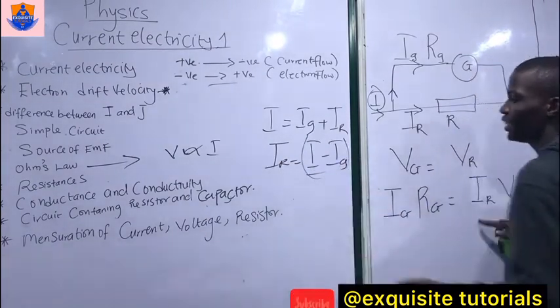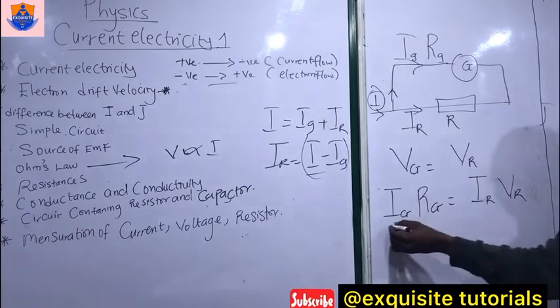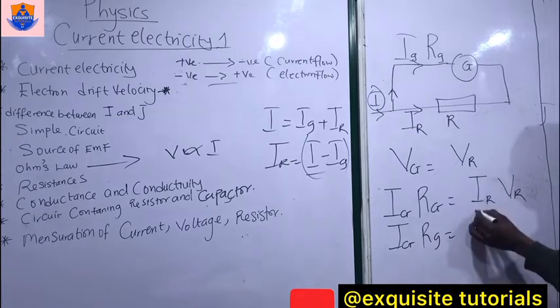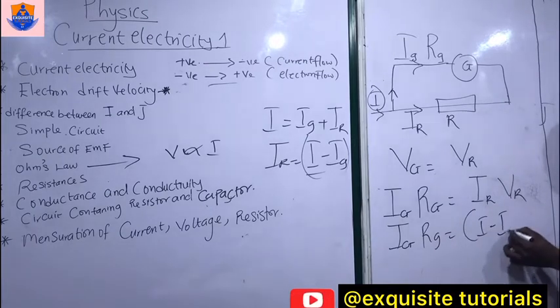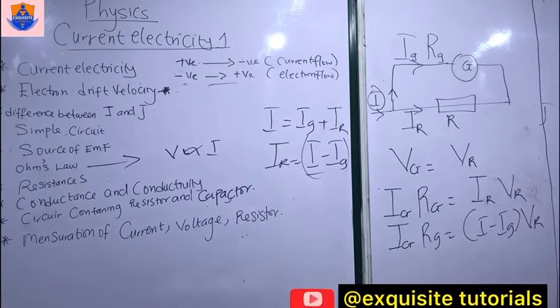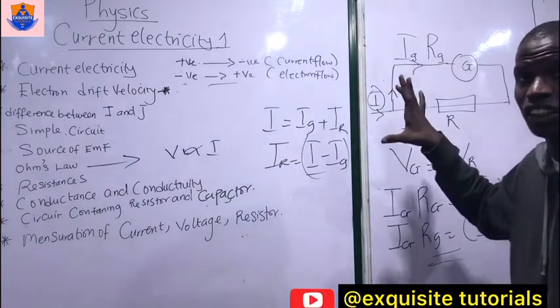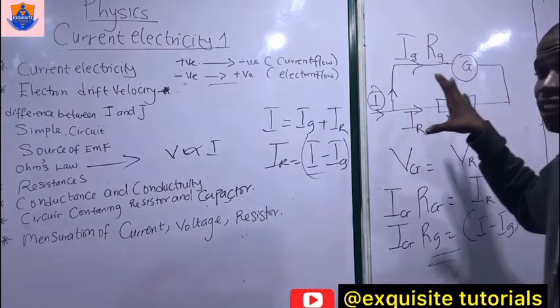If you apply this to this part, you will now have Ig Rg is equal to (I minus Ig) times R. This is the formula you can use whenever you are given a question that involves a shunt circuit.